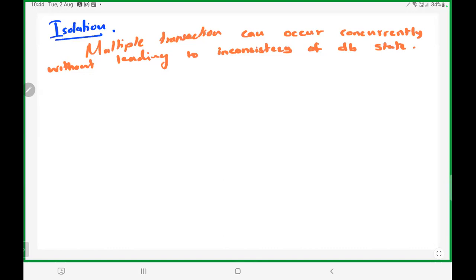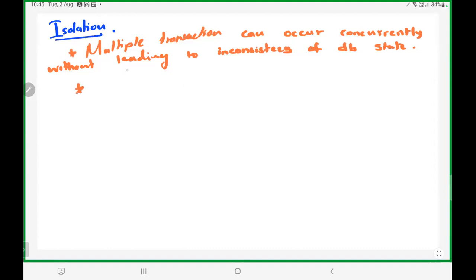Many transactions can happen at the same time. If you are working at one ATM and I am working at another ATM, likewise, there can be more transactions at the same time. That is isolation.